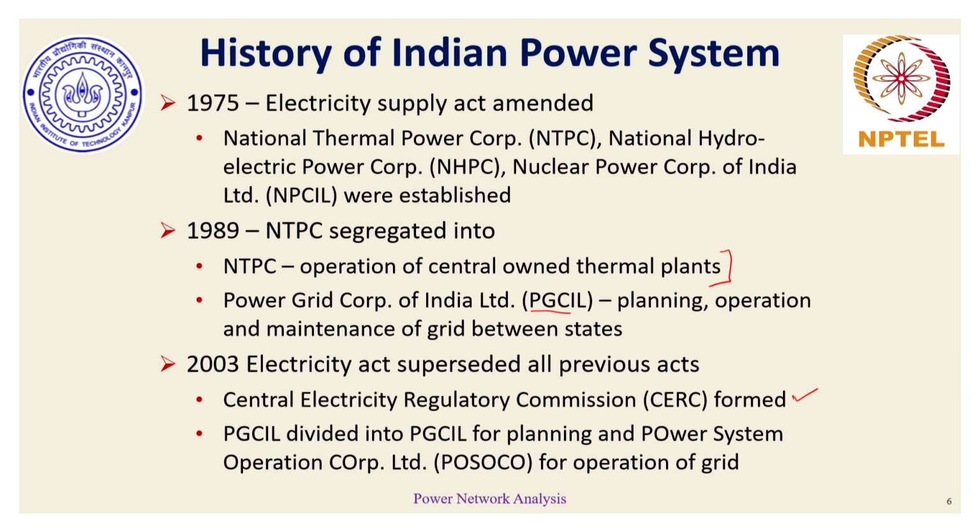And PGCIL was again segregated into two distinct Government of India entities. One was PGCIL itself, which was responsible for planning and maintenance of the transmission network, whereas the operation part was handed over to POSOCO, formerly known as Power System Operation Corporation Limited.